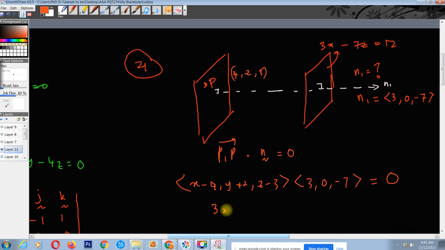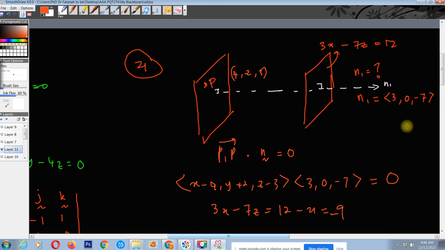So we get 3x minus 7z equals 12 plus 14, so plus 14, 21. So here you will get 9. Is it true? Negative 9. Okay, negative 9.